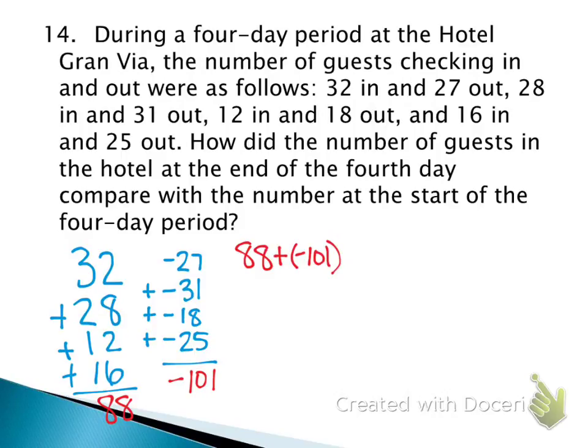We take the absolute value, we subtract their absolute values because they have different signs. 101 is the bigger absolute value. We end up with negative 13. So there were 13 fewer people on day 4.